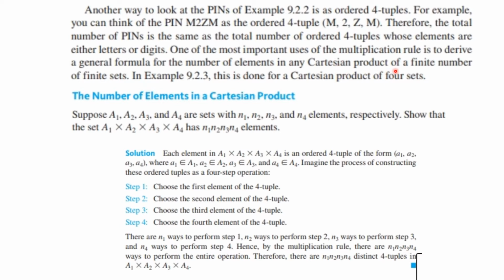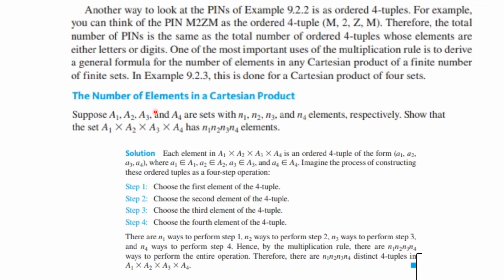Remember, that's what we studied in set theory, of a finite number of finite sets. So let's look at this example. We're going to have 4 sets, A1, A2, A3, A4, and each of these sets has N1, N2, N3, N4 elements respectively.